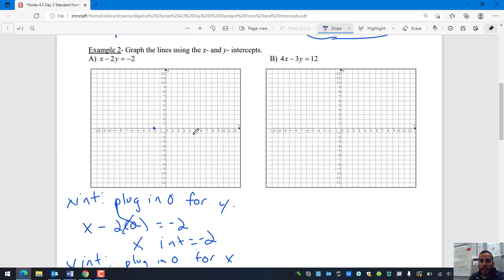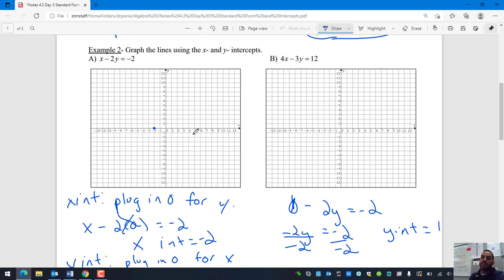So I have x minus 2y is equal to negative 2. Wherever I see an x, I plug in a 0. It'll be 0 minus 2y is equal to negative 2. This basically just goes away, and I'm left with negative 2y is equal to negative 2. Divide both sides by negative 2, and you should get your y-intercept is equal to negative 2 divided by negative 2 is equal to positive 1.